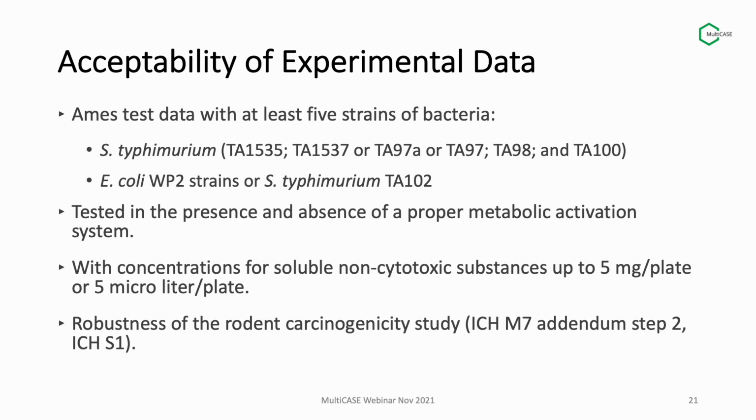These strains should be used both in the presence and absence of proper metabolic activation, or S9 system. The concentration of the test substance should also meet minimum requirements. And if carcinogen data is used for determining class 1 compounds, they also should be robust enough according to these guidelines. I'm not very knowledgeable about them, but these are the basic criteria of experimental data.